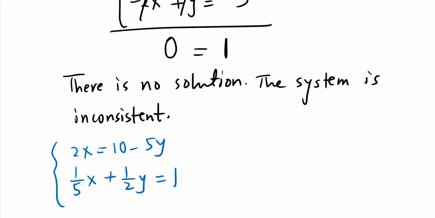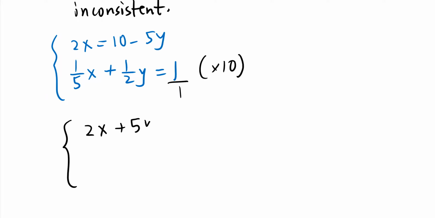Multiply by 10. Keep the first equation the same, or what do you think? Oh no, look, it's not organized as x, y, and numbers. So I'm going to add 5y to both sides of the first equation to make it x, y equals number. Second equation, when you multiply by 10, gives me 2x plus 5y equals 10.